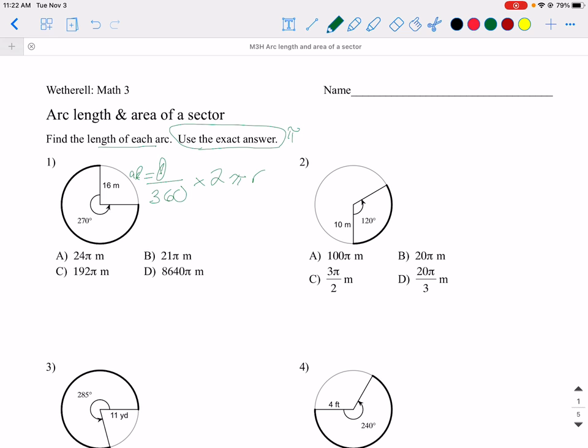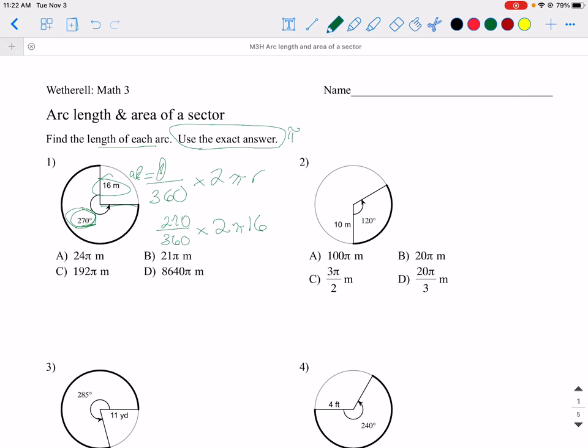Then you just substitute in your values. My theta is 270. So 270 divided by 360 times 2 pi r. My radius is 16, so I substitute that in.